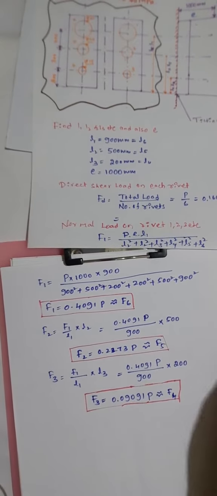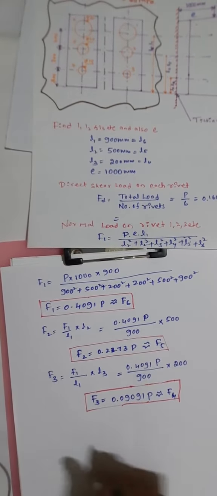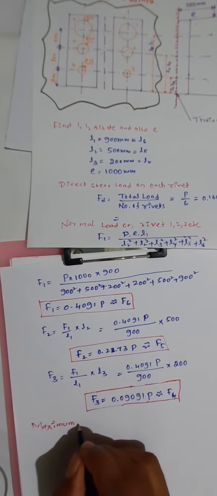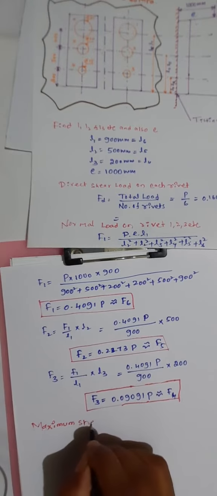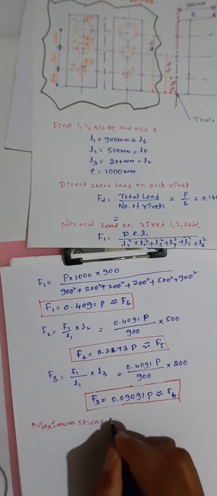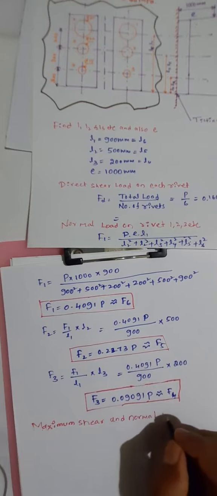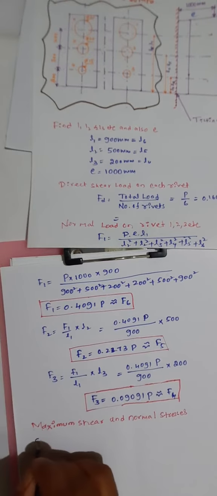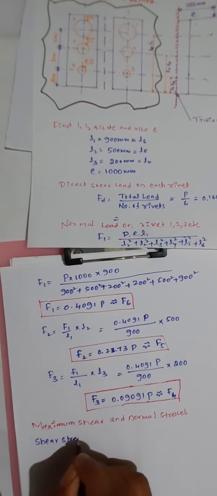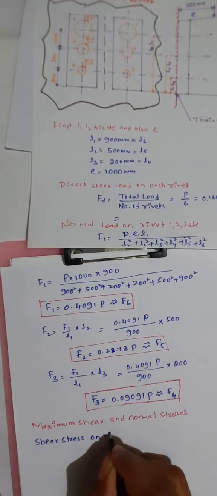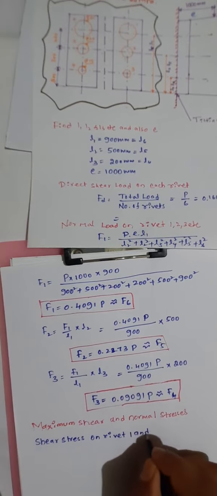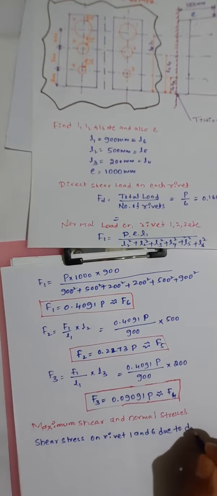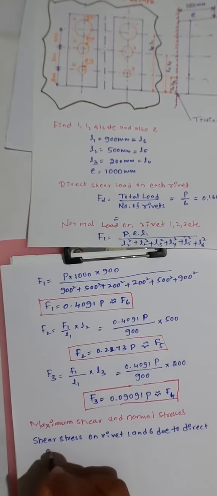So with respect to this, the next parameter is the maximum shear and normal stresses, that is, the shear stress on rivet number 1 and 6 due to direct shear load.